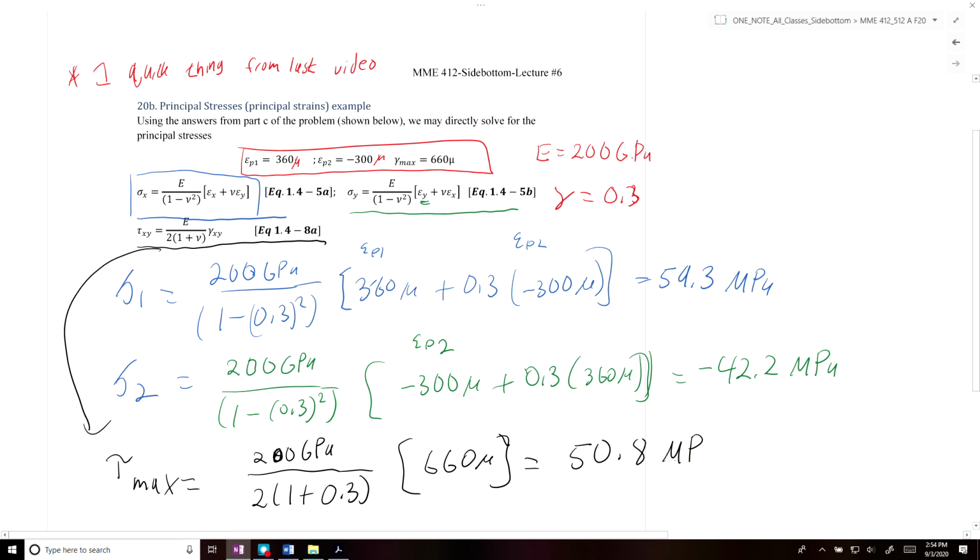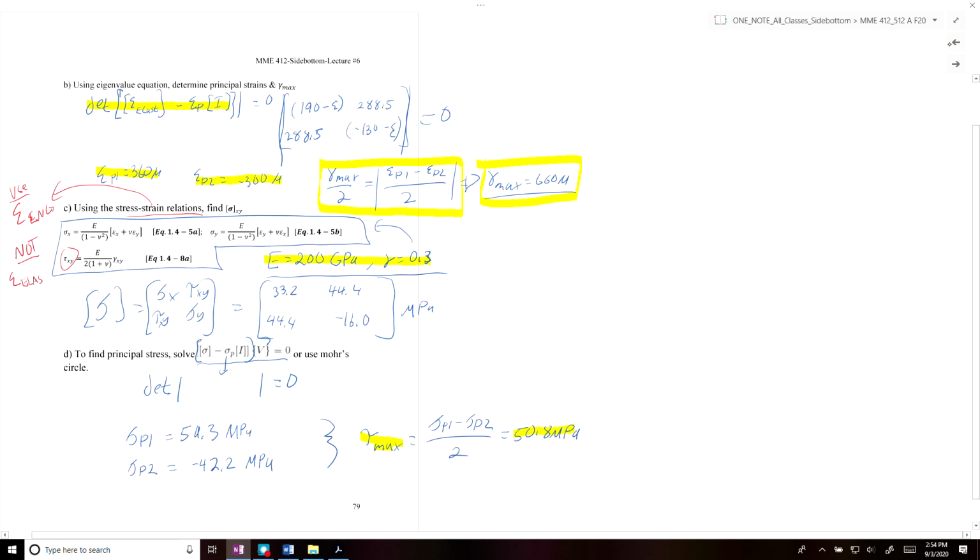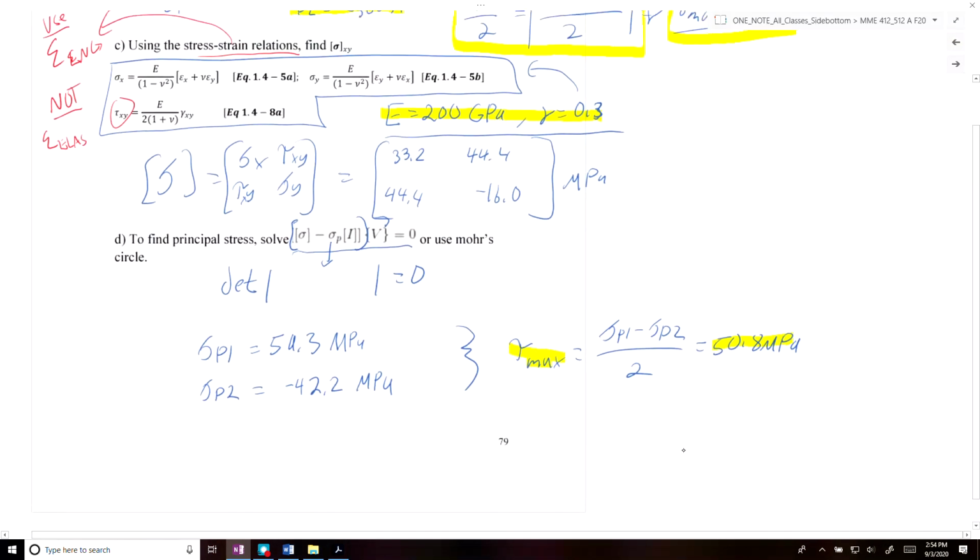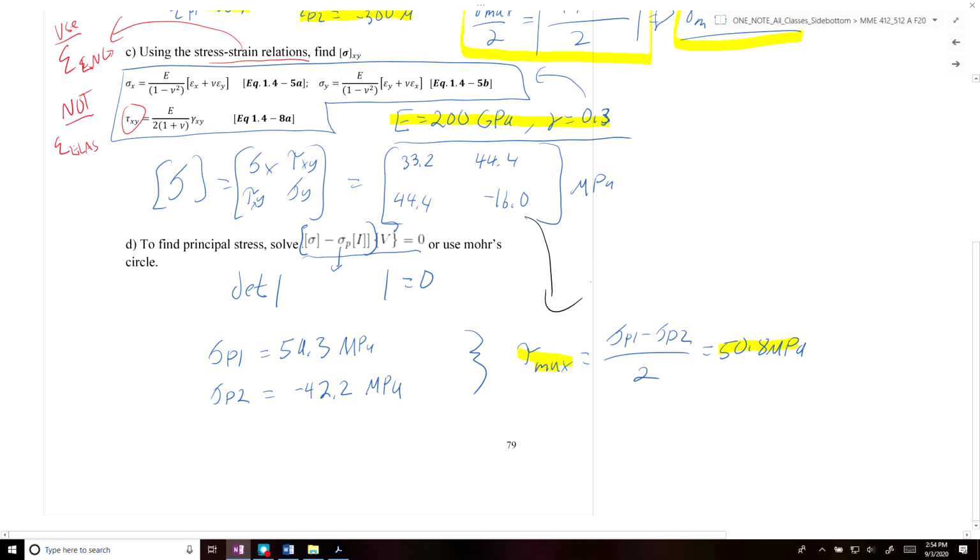These three values for sigma 1, sigma 2, and tau max that we achieved by using the stress strain relationships, our principal strains, and our maximum shear strain are the same values that we got when we solved our stress matrix to determine our principal stresses and our maximum shear stress.